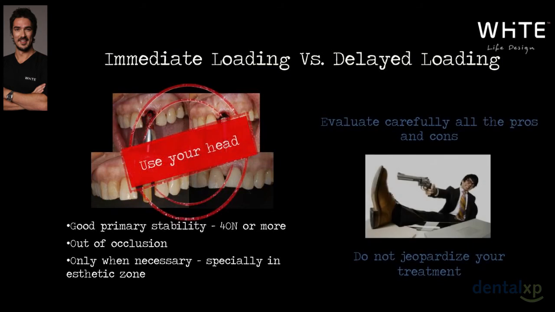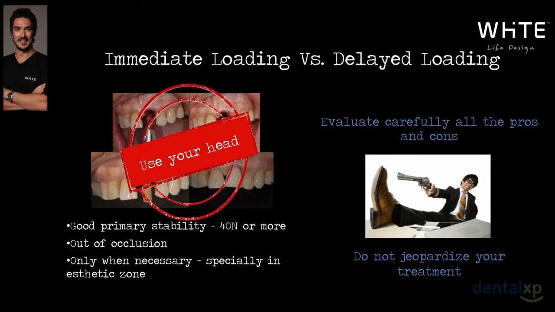But you've got to use your head here. You have to evaluate carefully all the pros and cons, and you don't want to jeopardize your treatment. If you don't get that right torque, for example if you can't place a long, wide-bodied platform implant and you have to use a thin, narrow platform for a large tooth, that implant's not going to give you the same stability.